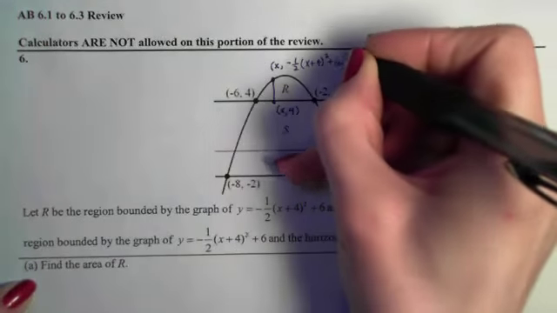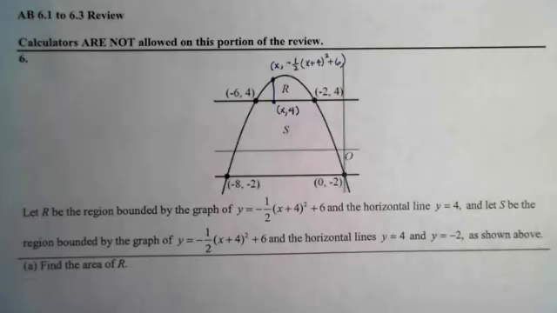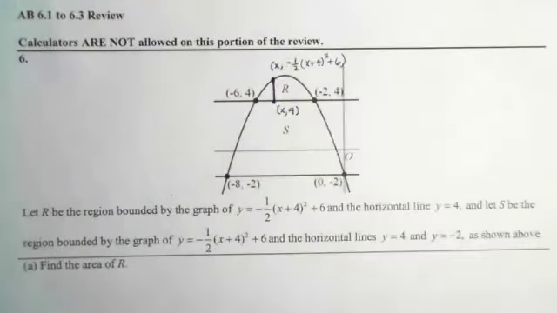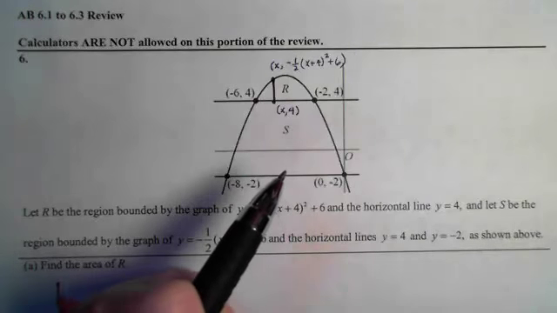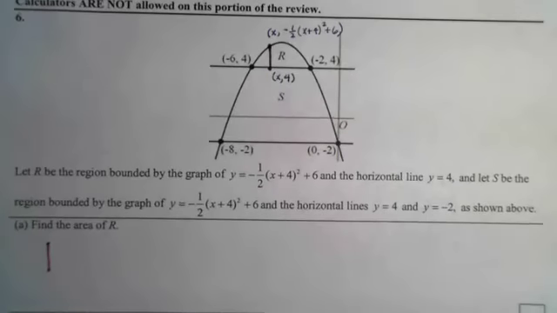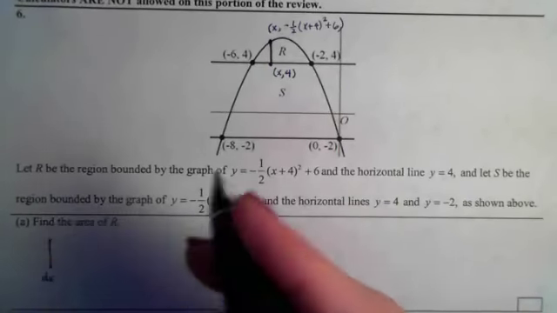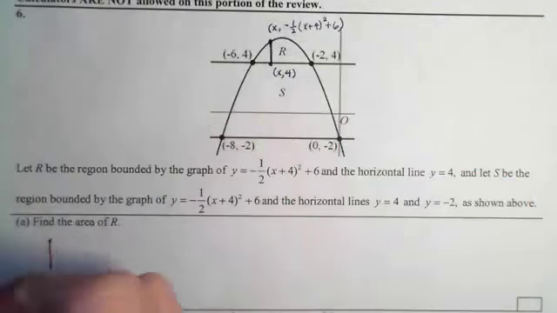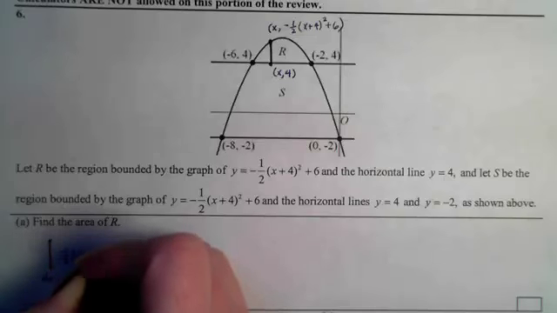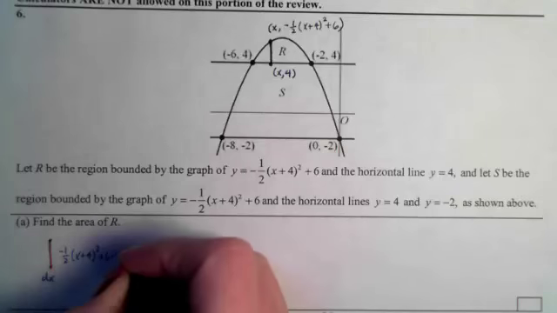So part A, we need to find the area of R. If we look at R, we're looking at the area of this strip. The thickness of that strip was a dx, and the length of that strip was the top y minus the bottom y. So it is -1/2 times (x plus 4) squared plus 6, and then I need to subtract that 4.